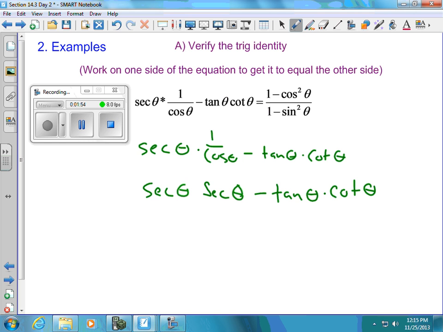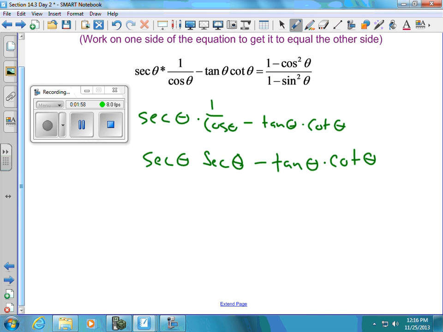Tangent of theta times cotangent of theta, well, that's sine over cosine times cosine over sine, and those just happen to cancel out. Secant times secant is secant squared.